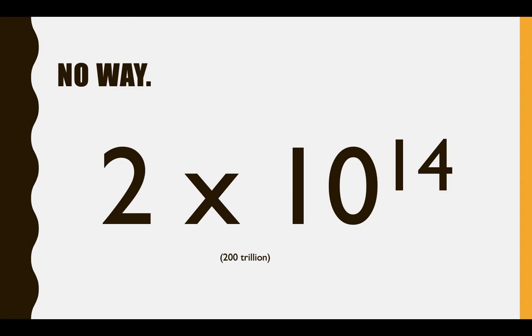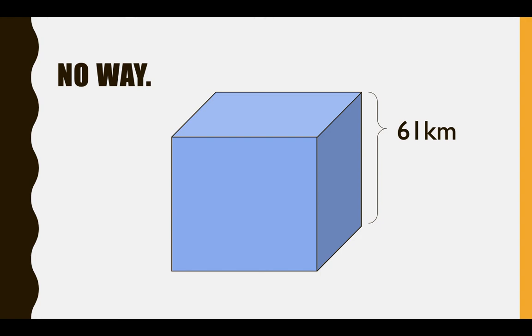One more comparison here. If we had 1 cubic meter of nuclear matter, we don't have that much nuclear matter on Earth, but for example, in a neutron star, a meter cubed of neutron star matter has the same mass as a cube of water 61 kilometers on each side.